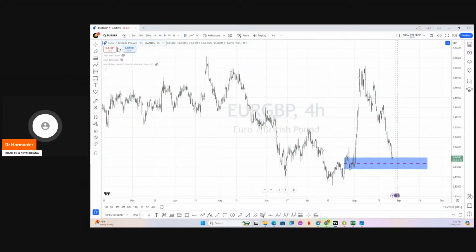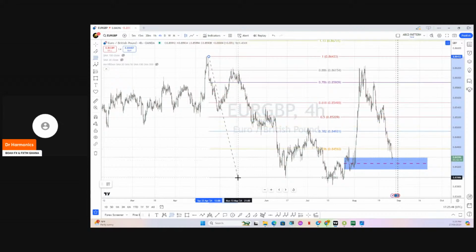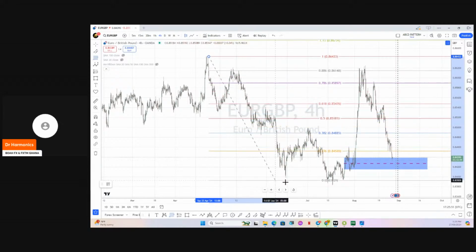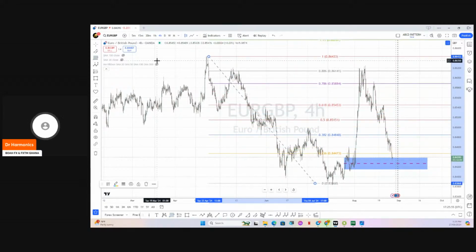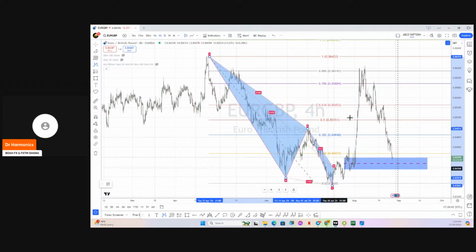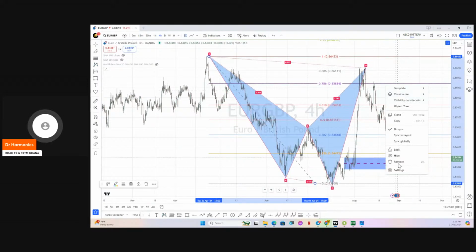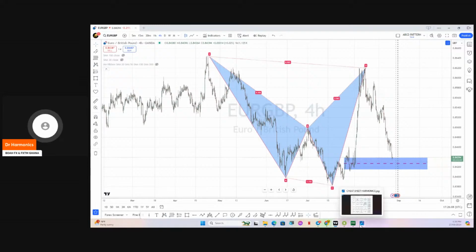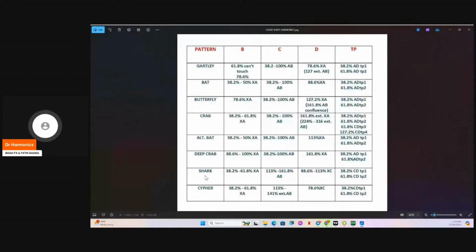Now, this harmonic pattern was crazy. This is a shark pattern. This was the best entry, 88.6. Now, this 88.6, we had it, look at this, shark pattern.